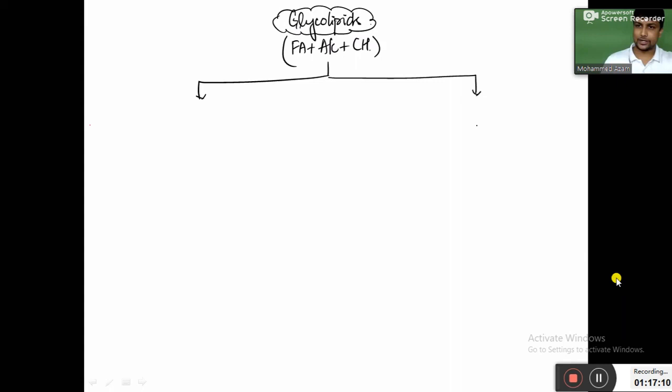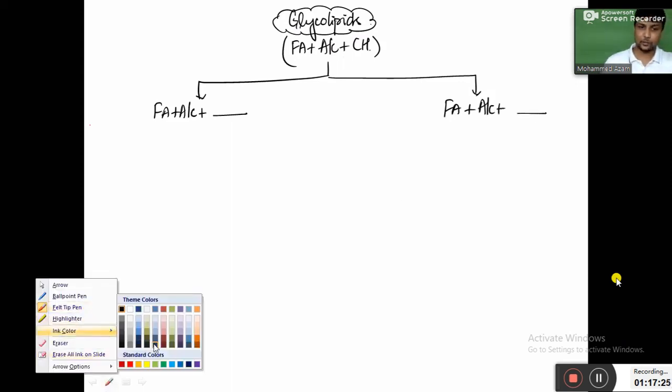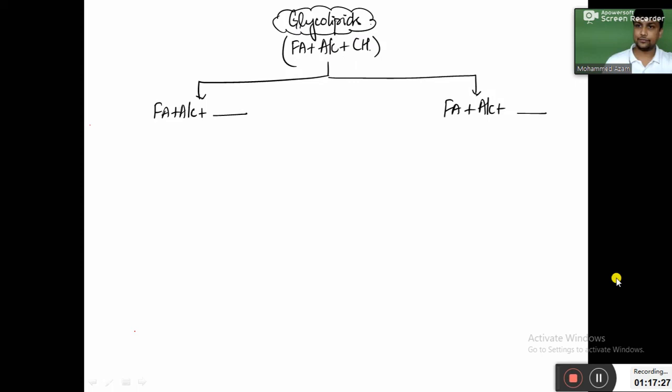Okay, that means the moment you look at my diagram here, you can easily identify it is divided based on carbohydrate.